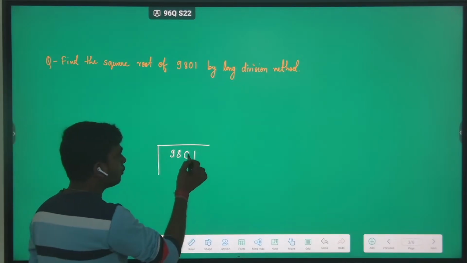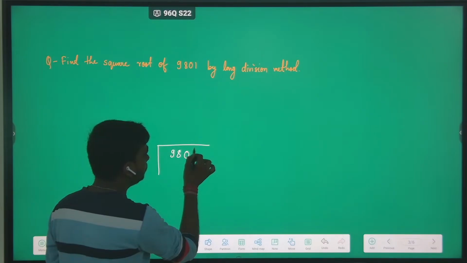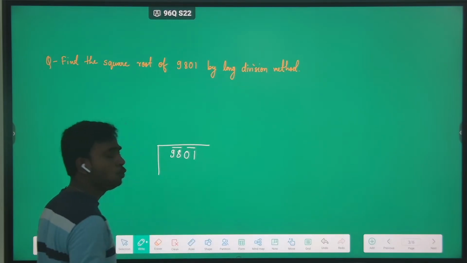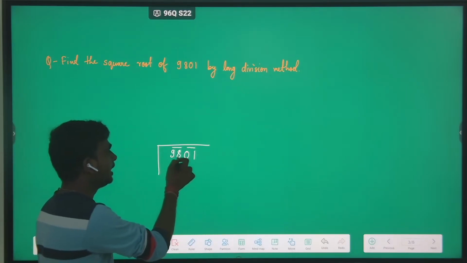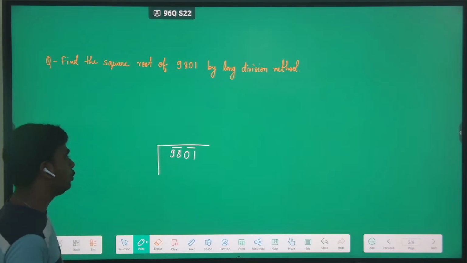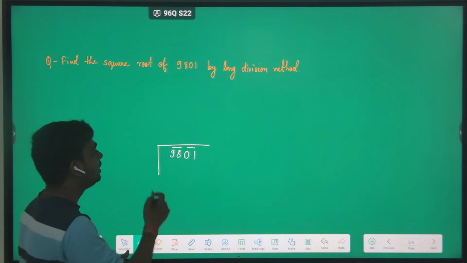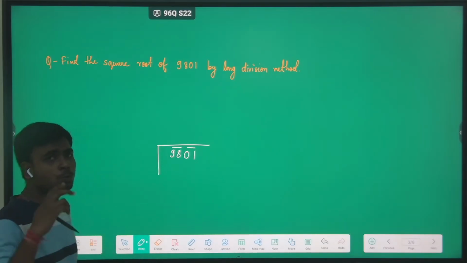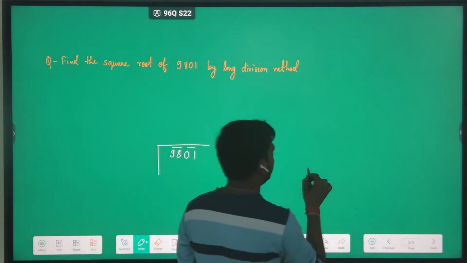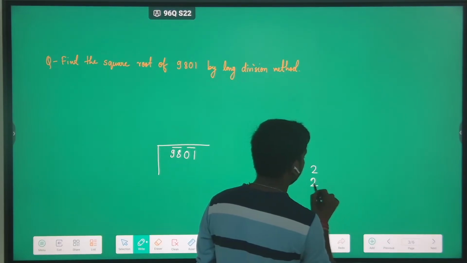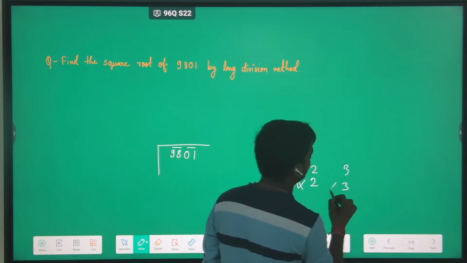What we will do? From the last digit, we will arrange the digits in pairs of 2 and 2. We will arrange 01 first and after that 98. Okay. So we will try to multiply two numbers of the same kind, for example, 2 into 2, or 3 into 3.